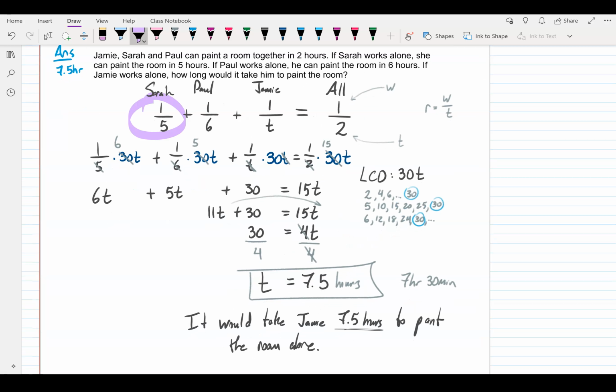Sarah takes 5 hours, Paul takes 6 hours, Jamie takes 7.5 hours. So what I would say is that Sarah and Paul are fairly experienced, and Jamie not quite as experienced. He takes a little longer, 7.5 hours. But that's okay. When they all work together, it takes them 2 hours, so it all works out in the end.